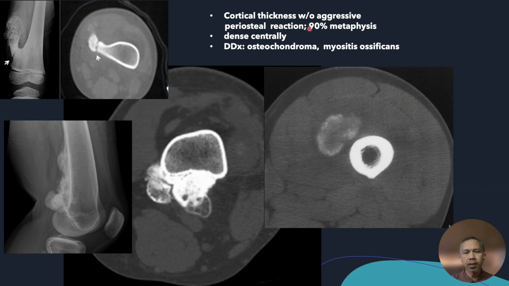An example of a parosteal osteosarcoma, this one. It is usually dense centrally, no intramedullary extension in early cases, commonly at the back of the knee and at the posterior femur. Your second picture is myositis ossificans. The third picture is obviously your osteochondroma.